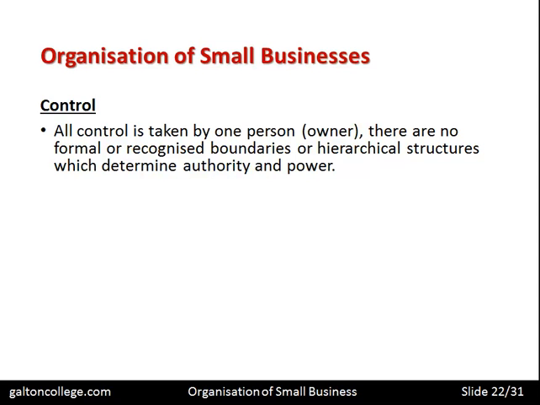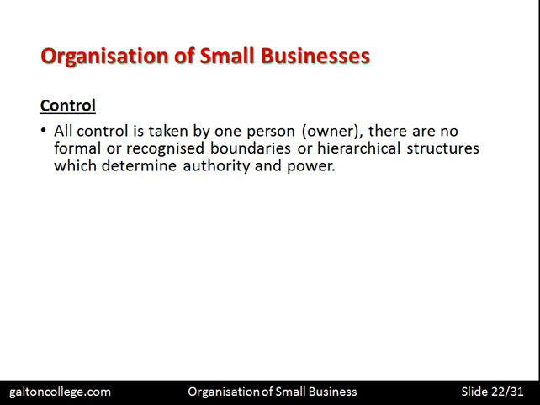The owner is expected to multitask. The owner is expected to manage the business and display some knowledge of all of the various functional areas we find in larger businesses. So the owner would be expected to know something about marketing and know something about production and know something about distribution and accounts and make sure that he or she is aware of the cash flow situation.